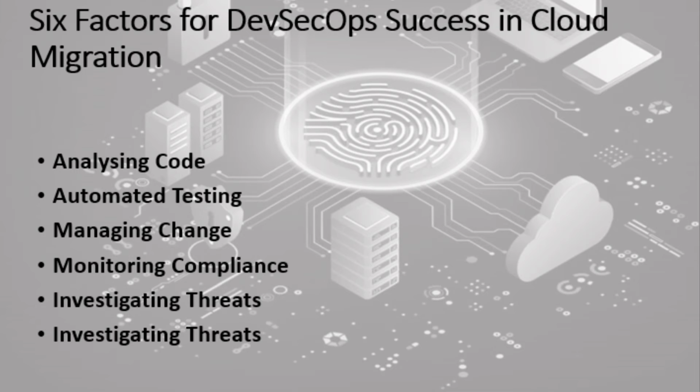Managing change. DevSecOps allows teams to be connected and made aware of what everyone is doing. Helping to navigate the transition is an important factor. It helps to fix any problems and overcome any vulnerabilities by keeping everybody aware of the changes.